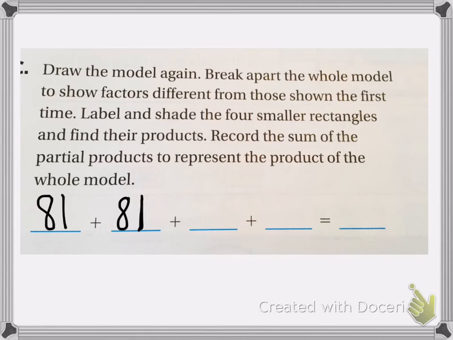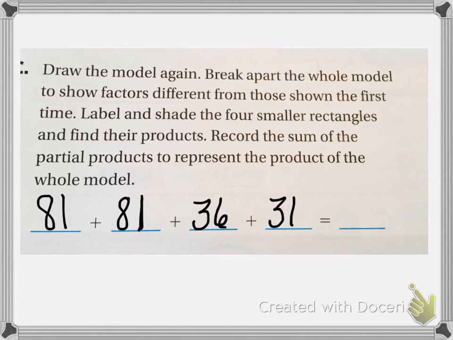I know that 4 times 9 in the yellow or the orange area is 36. And I know that my final area, which is the kind of pink color, is 4 times 9, which is 36.